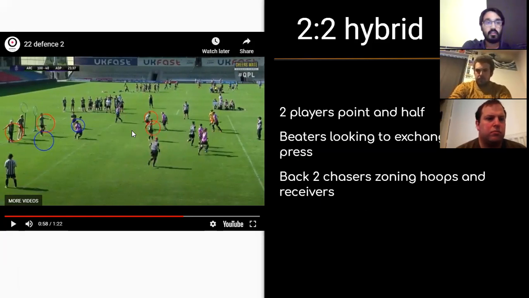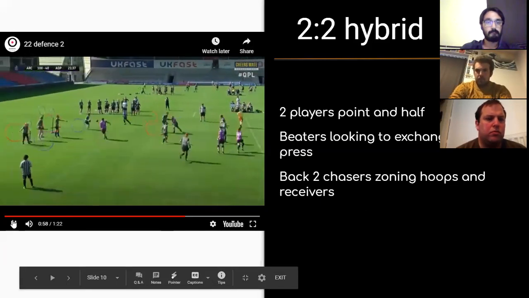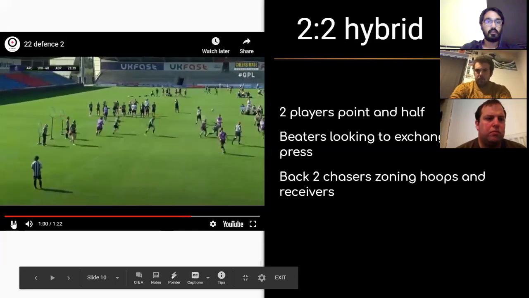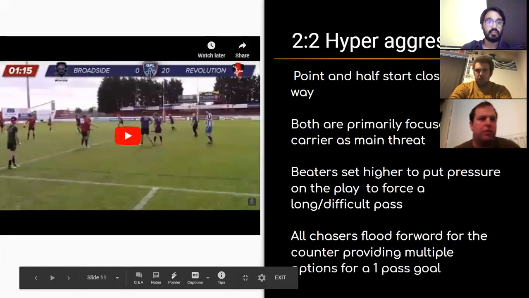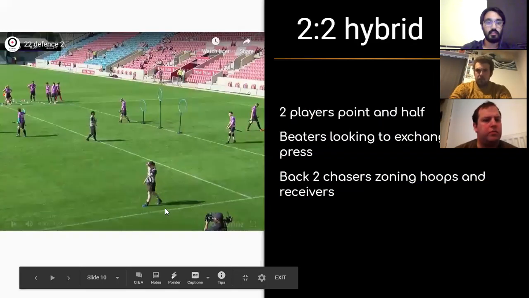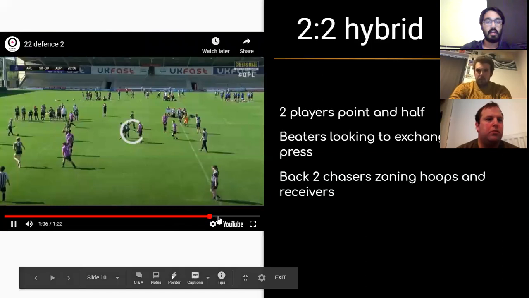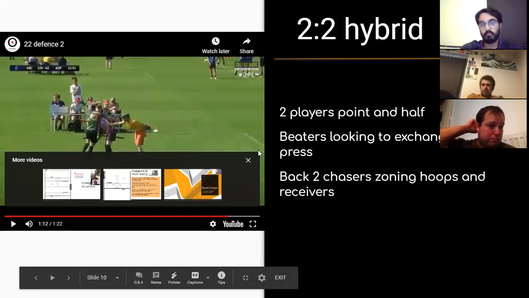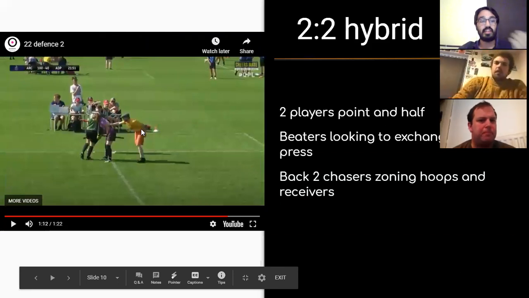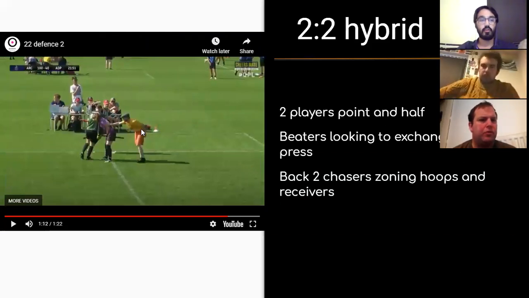Beaters again are ready and trying to exchange, and our 2 chasers back. Our beaters have seen that they can press because the opposition beaters are out of position, and they are able to make a turnover and a goal, which is what happens. So that's our generic, I would consider, setup.